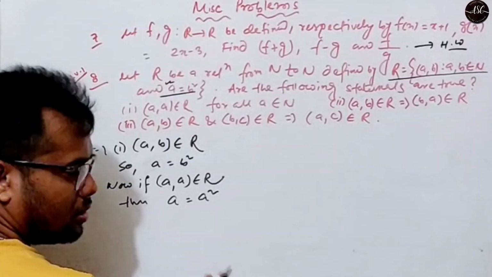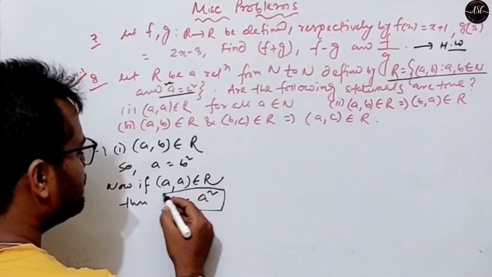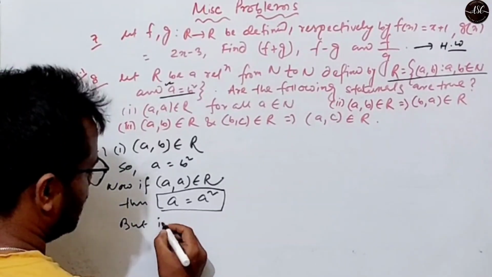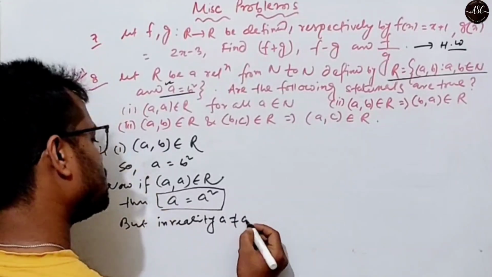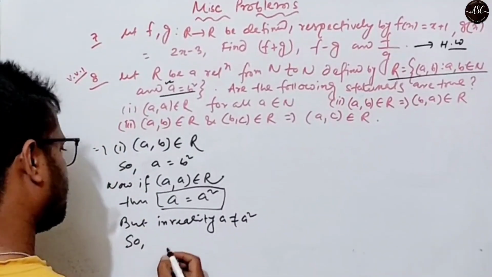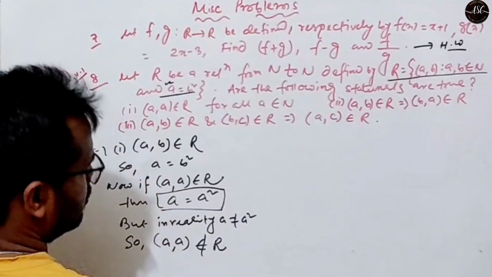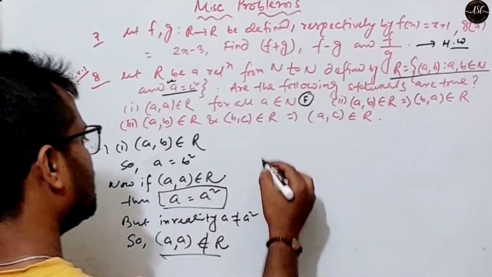But in reality there is no possibility of a equal to a square. In reality a is not equal to a square, so (a, a) does not belong to R. So this statement is false. Question number 1 solved.